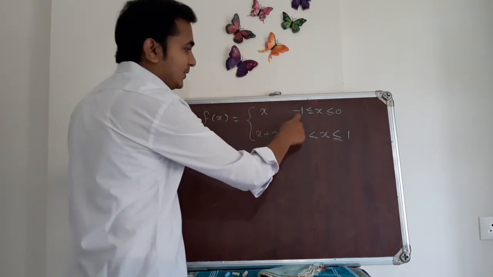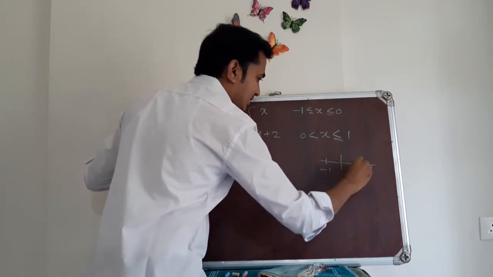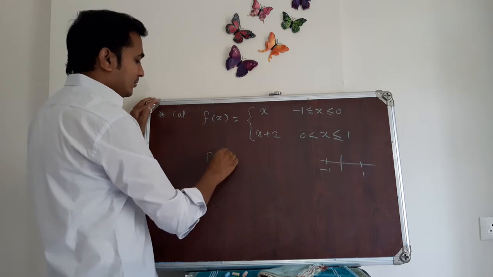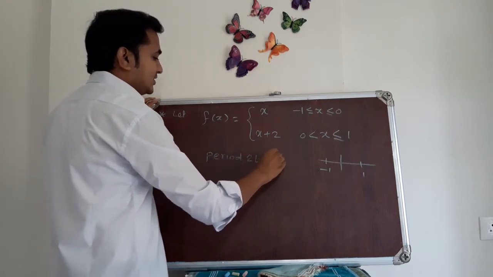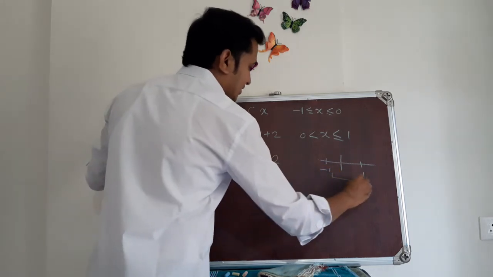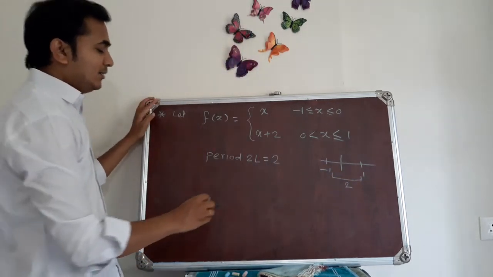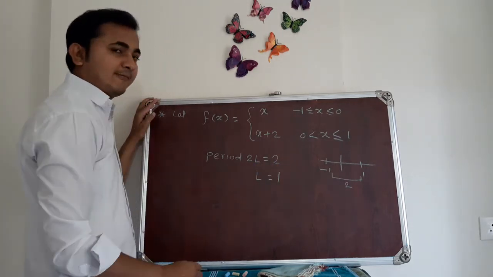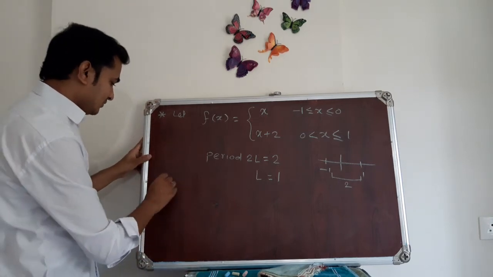Note that this is defined between -1 and 1. Therefore, what will be the period? The period of this function is 2. Period 2L is 2. You can see this length is 2. So L becomes 1.